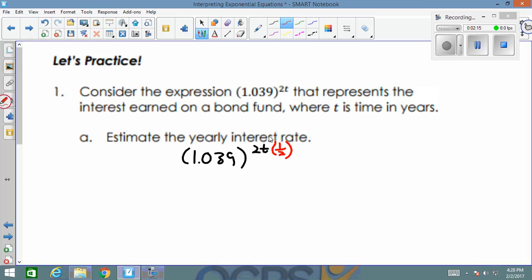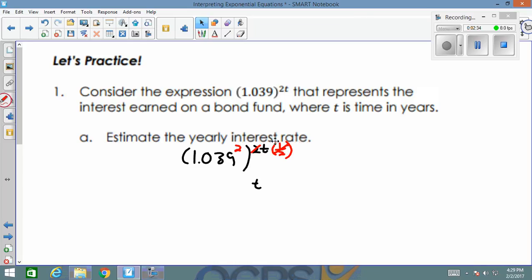The one thing about this exponential function is whatever I do out here, I have to put the flip version of it here. So here would be squared, or 2 over 1. So that will get rid of this 2 and make that a regular t, or 1t.